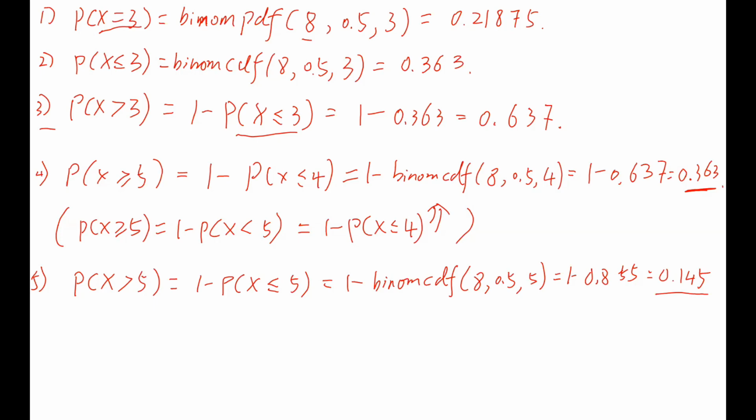Or, let's say that we want to use the result for 4, subtract. Yes. Very good. Or we can say the probability of x greater than 5 equals the probability for x greater or equal than 5 minus the probability of x equals 5. So then we already got this in 4.